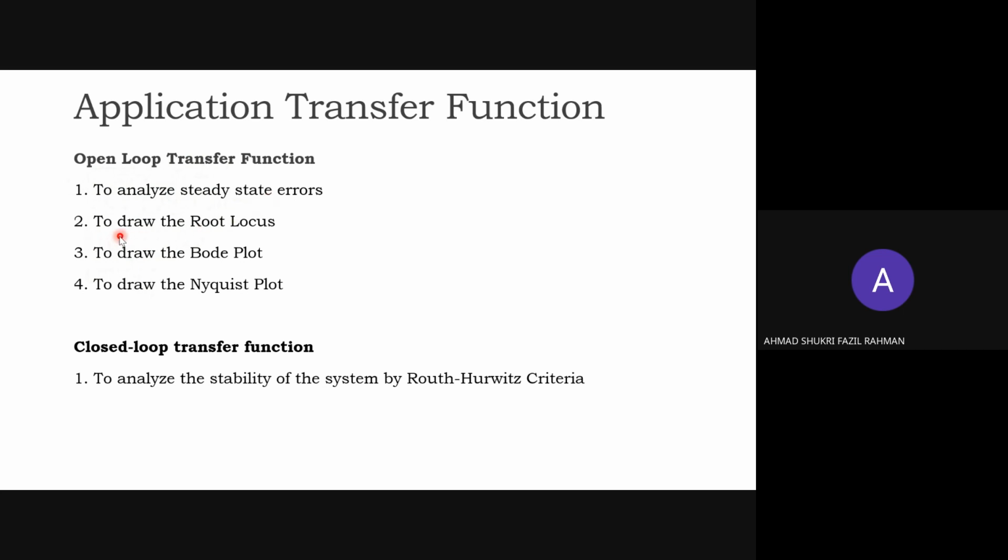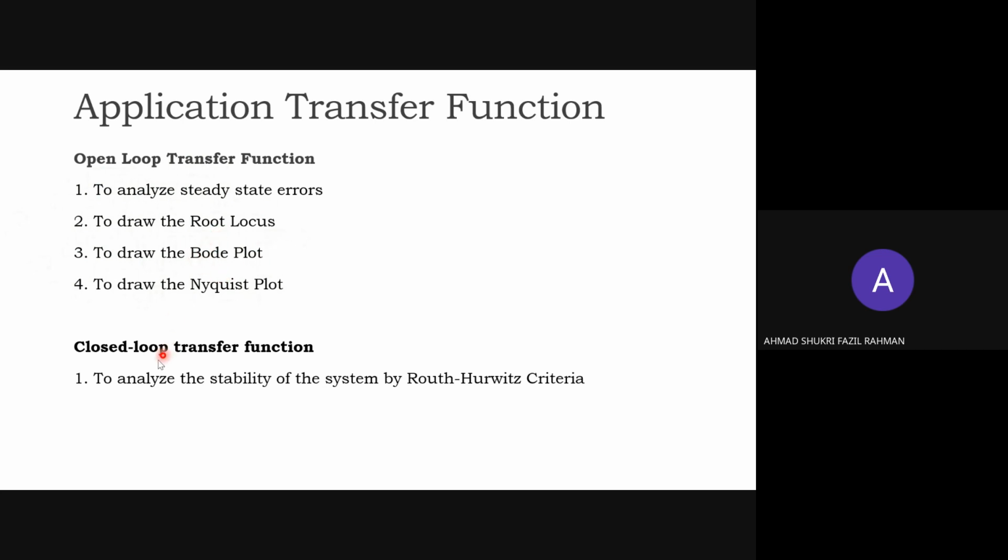Numbers 2, 3, and 4 involve graphical methods. We can use open loop transfer function to draw root locus, to draw Bode plot, and also to perform Nyquist plot. 2 and 3 you will learn later on in the future topic.